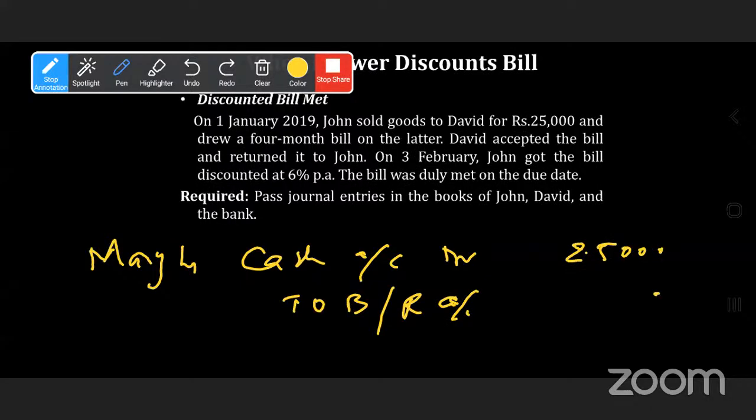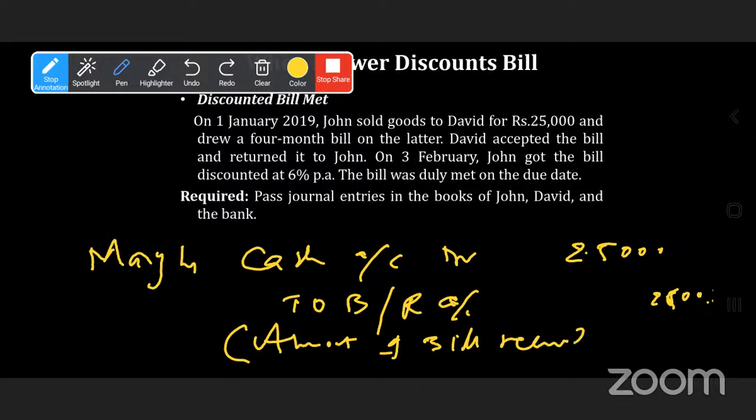On the due date, the amount was received by the bank. Narration: amount of bill received. The cash was received by the bank. Cash account debit to bills receivable account.